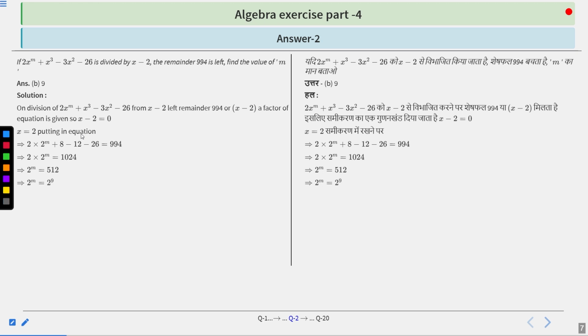Therefore, 2 raised to power m is equal to 2 raised to power 9, because 512 is 2 raised to power 9. So in this equation, the left hand side and the right hand side base is same. So if bases are same, then the powers should be equal. Therefore, m is equal to 9. Option number B, 9, is the correct answer.